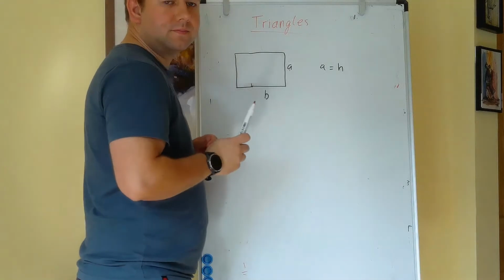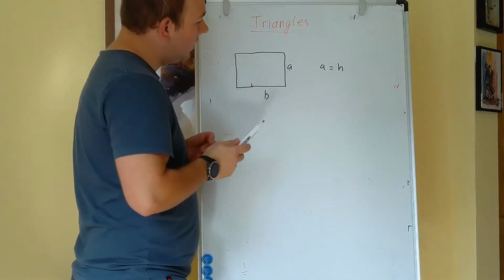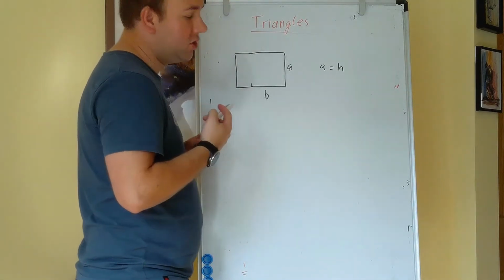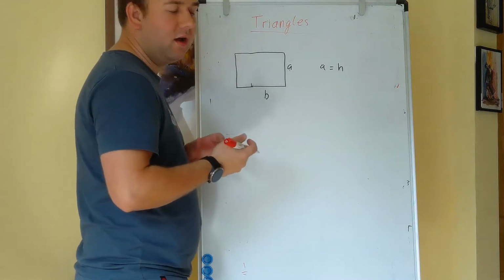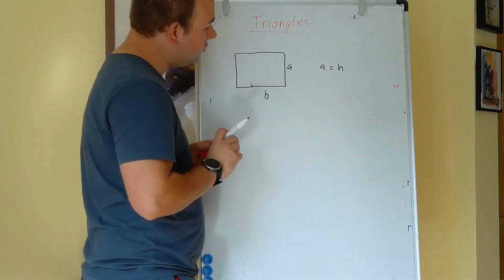We're going to start off by showing that the area is half the base times the height for a right angle triangle.